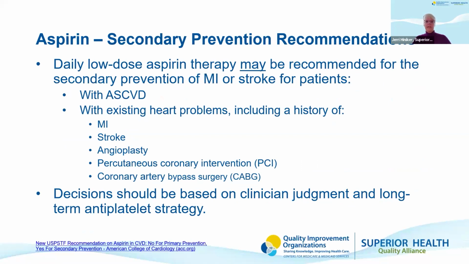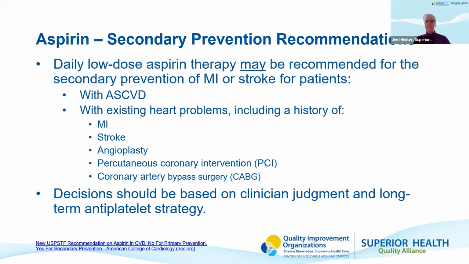Aspirin as part of secondary prevention. Again, we've got some recommendations here. As part of secondary prevention, a daily low-dose aspirin may be recommended for prevention of heart attack or stroke for patients who have a diagnosis of ASCVD, or an existing heart problem or a history of a heart attack or stroke, angioplasty, percutaneous coronary intervention, or a CABG.